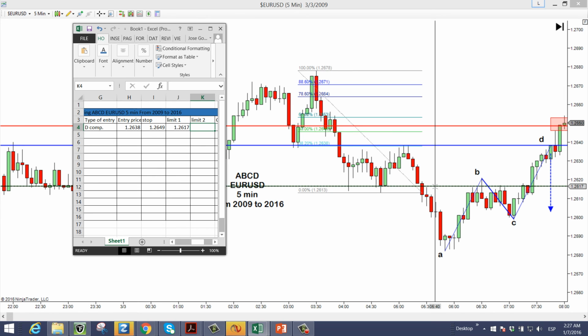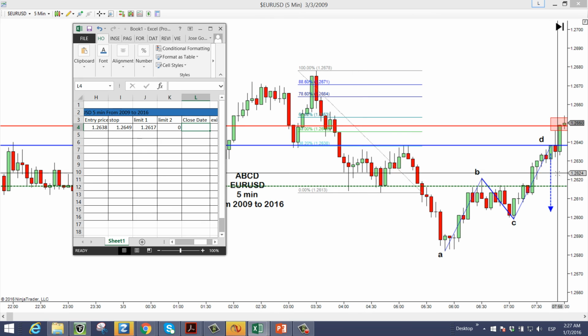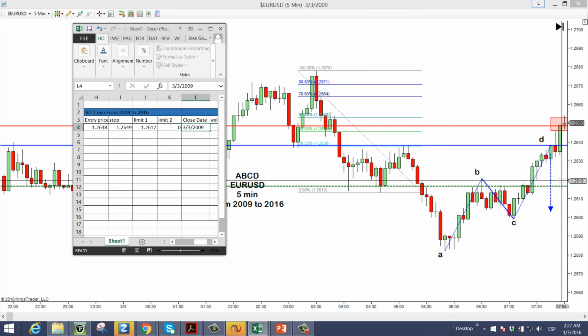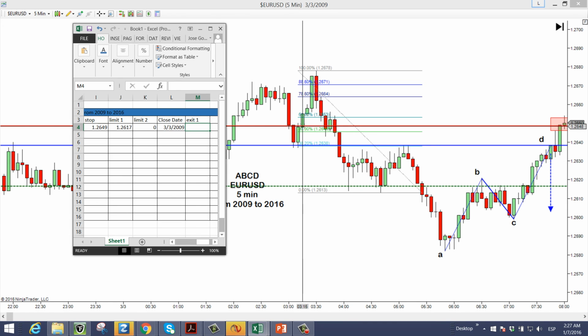My second limit order, I don't have it, so I'll put in 0. And my close date was the same day, and my exit number 1 was my stop because I was stopped out, and I just take this and put it right here. That's it.